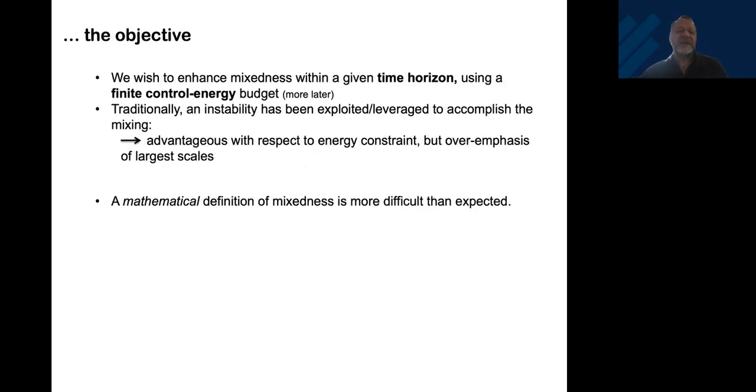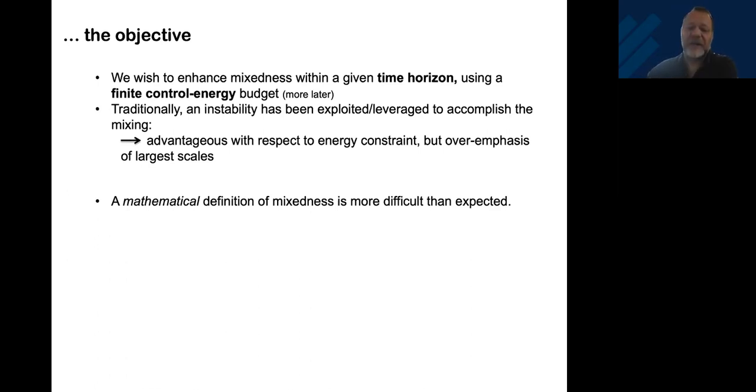Okay, so what is the objective? We want to enhance mixedness within a given time horizon using a finite control energy budget. Okay, I'll say a little bit more about that later. Instabilities cannot be exploited. They're certainly part of the mixing process, but should not be targeted as a proxy for the control strategy.